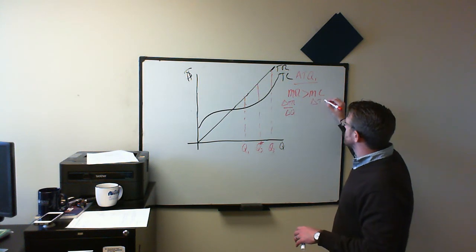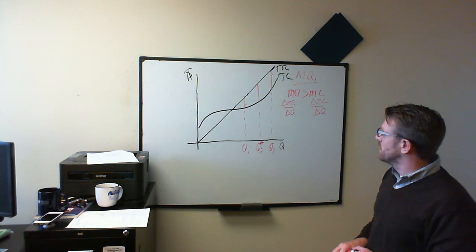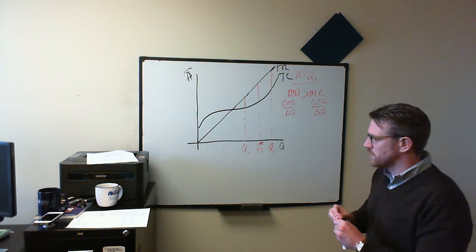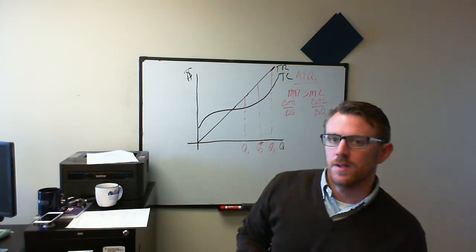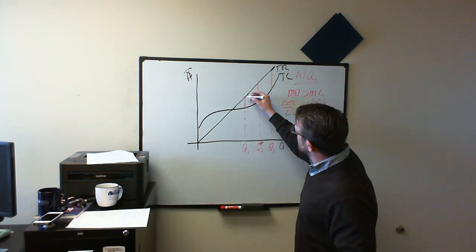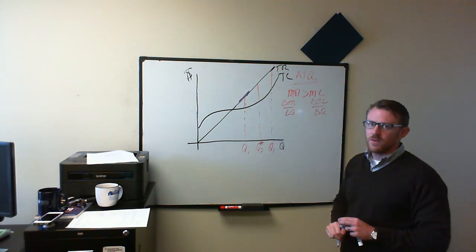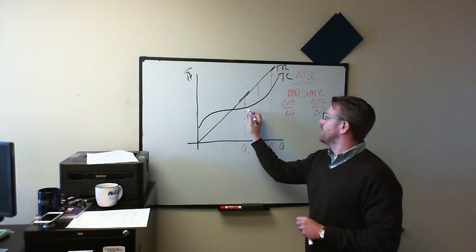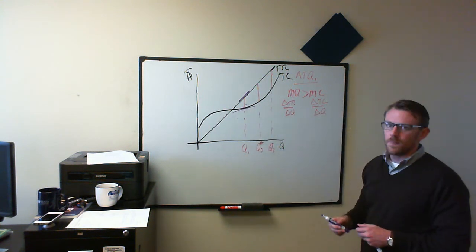And then change in total cost over change in quantity is marginal cost. So if we wanted to put those on our graphs, this represents our slope of total revenue, and this represents our slope of total cost at quantity 1.